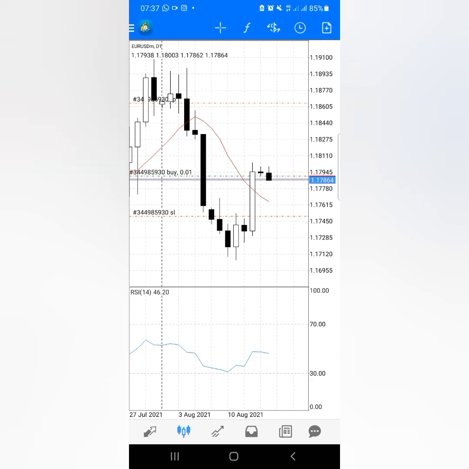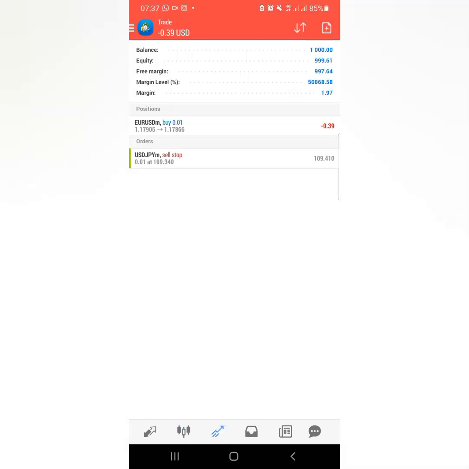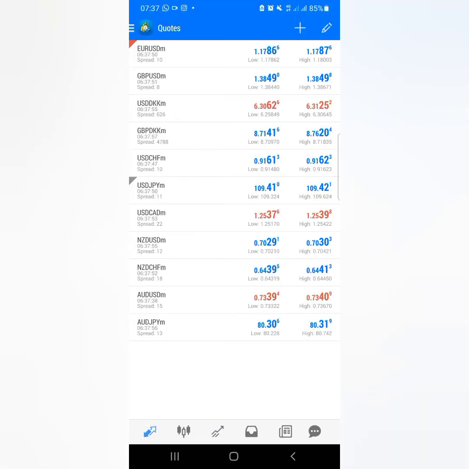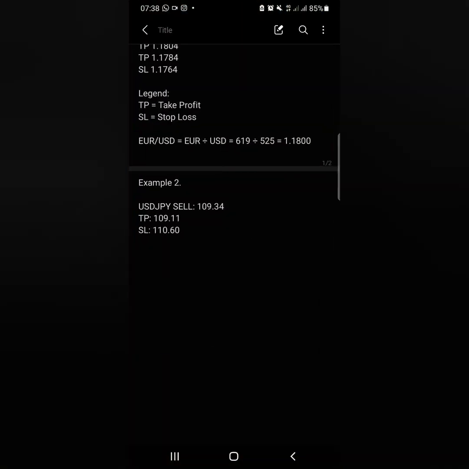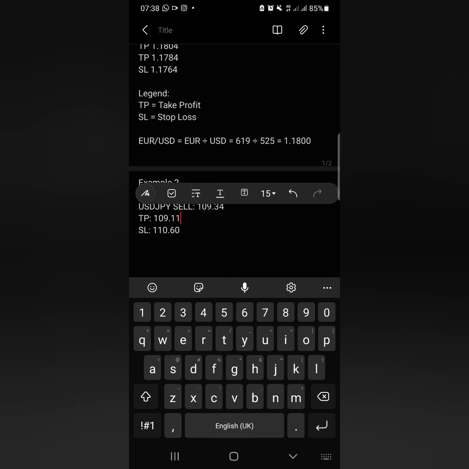So I'm just going to show you how to take a buy limit order, right? So let's say this was reversed. Take profit is 101.60.